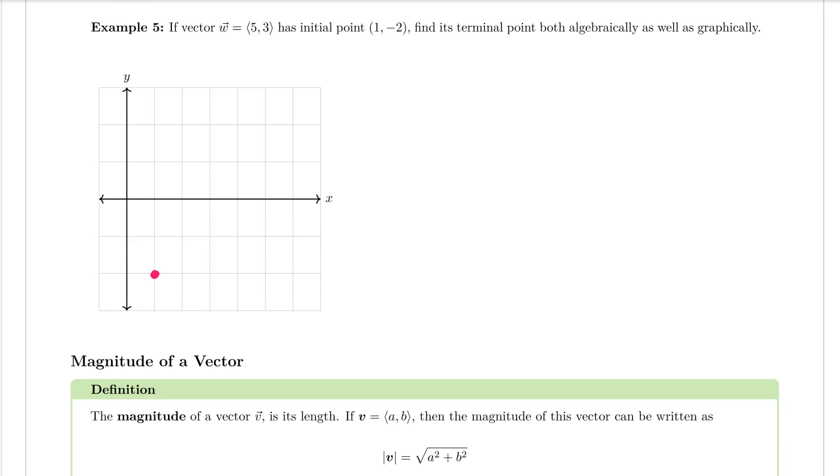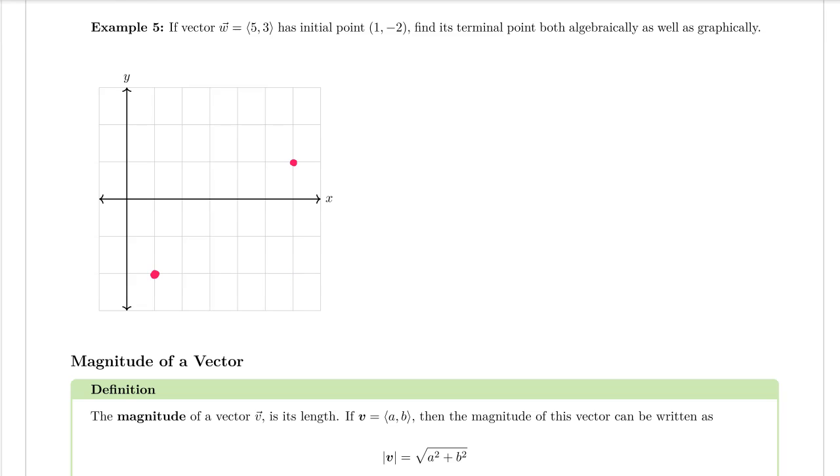And our vector w is equal to 5, 3, which means that the horizontal component is 5. So that means we're going to move to the right, 5 units. So 1, 2, 3, 4, 5 would end us right here. And then our vertical component is 3, so I'd move up 1, 2, 3, which would end me there.